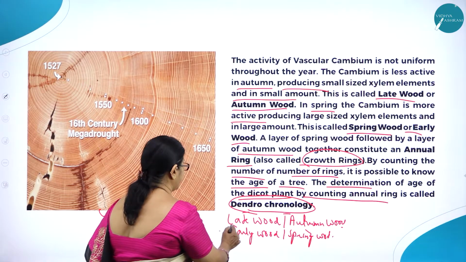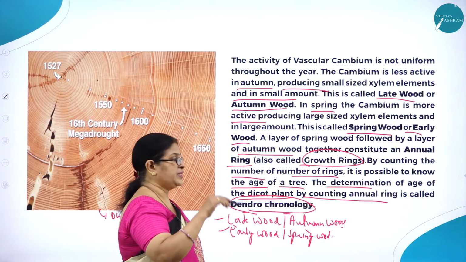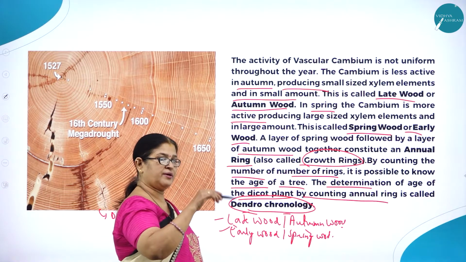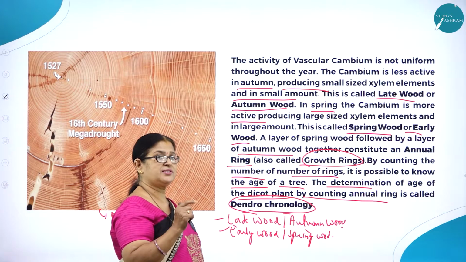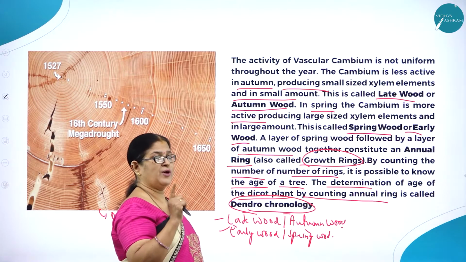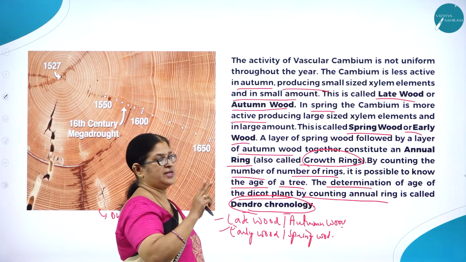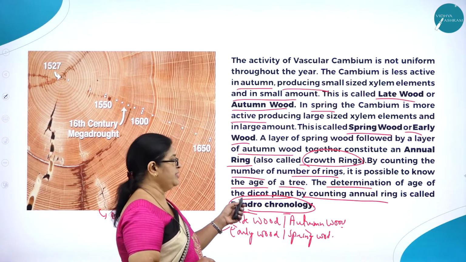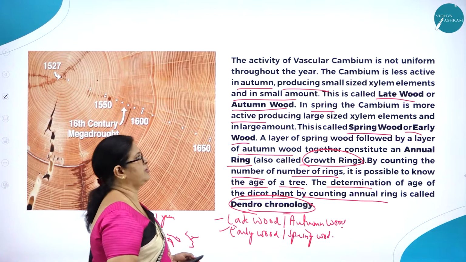So this is called spring wood, or otherwise called early wood. So a layer of spring wood followed by the autumn wood is responsible for the formation of an annual ring or a growth ring. So one annual ring or one growth ring is equal to 1 year. So 2 seasons, that is 1 in a year. So that is how the determination of age of the dicot plant by counting the annual ring is called dendrochronology.